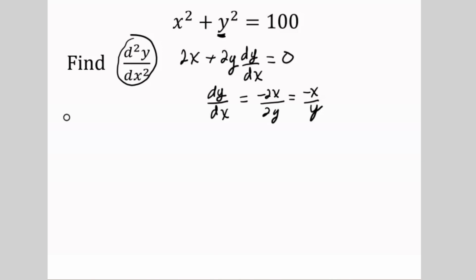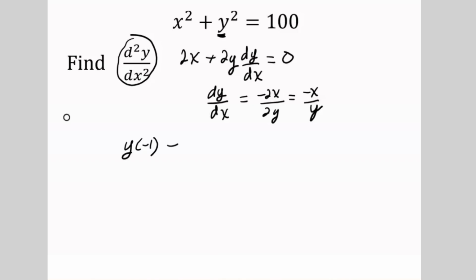So we're going to take the derivative again to get our second derivative, and we can see here we have a quotient, so we're going to have to use the quotient rule. All right? So quotient rule, low d high. So low is y times d high, which is negative 1, minus high.